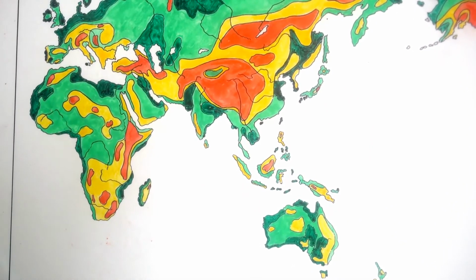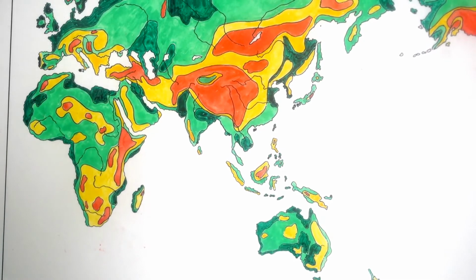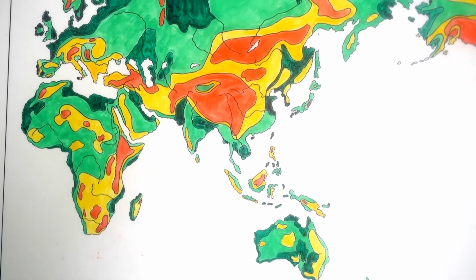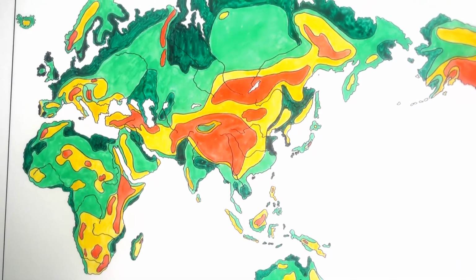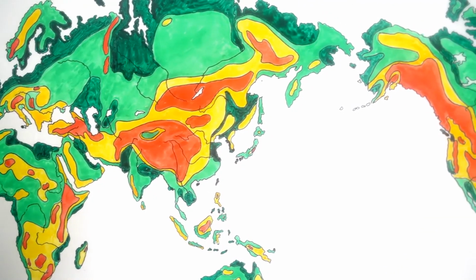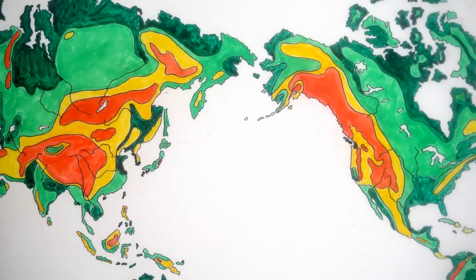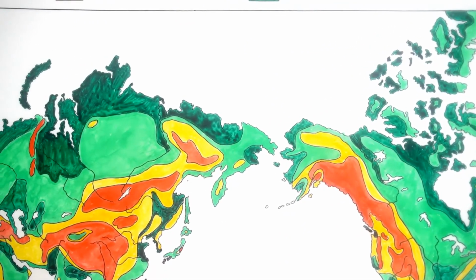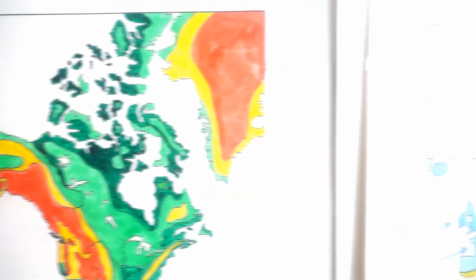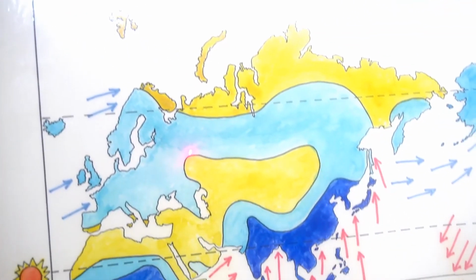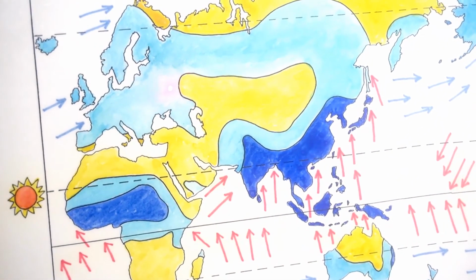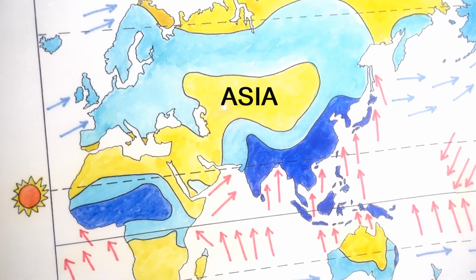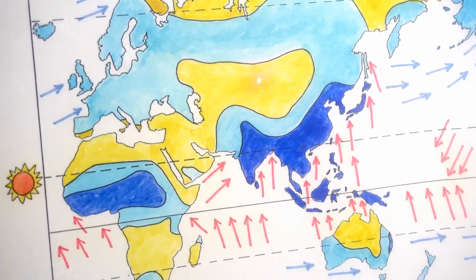So it's now your own turn to see if you can see rivers. You can get rivers on the map and relate those rivers to rainfall. You can look at Asia here, the continent of Asia. You can see all here minimal rainfall here at this time of the year.